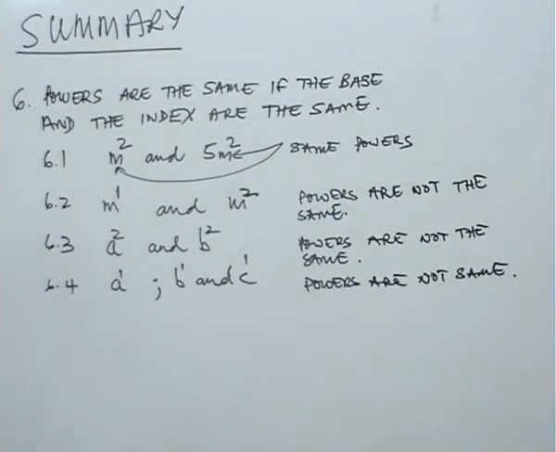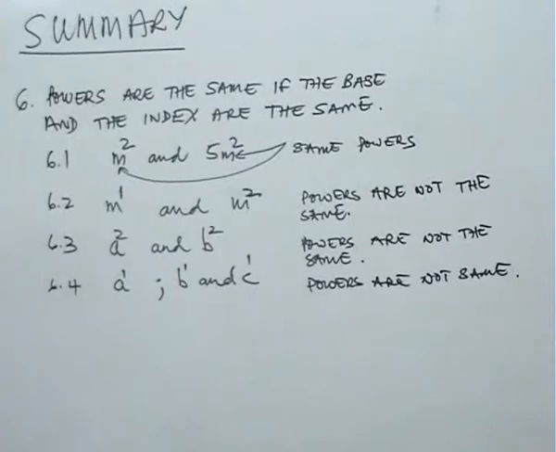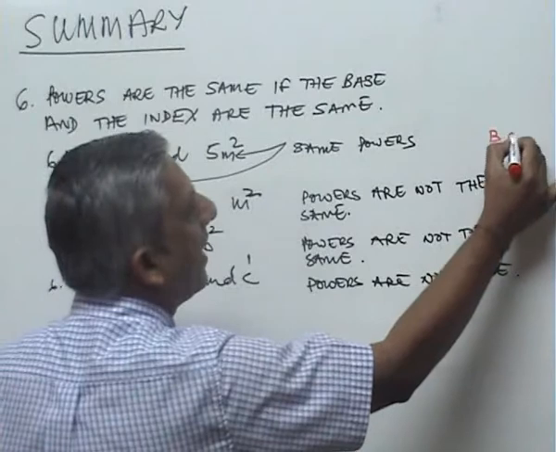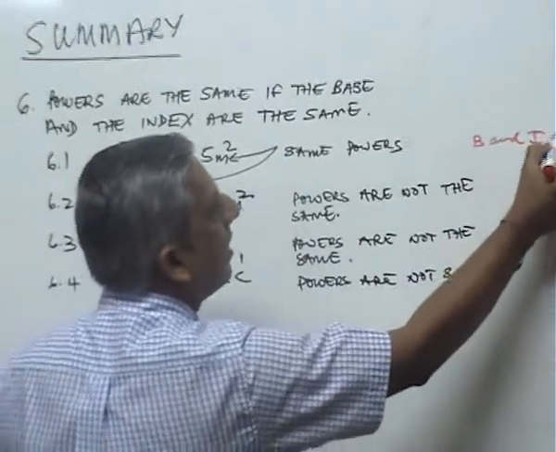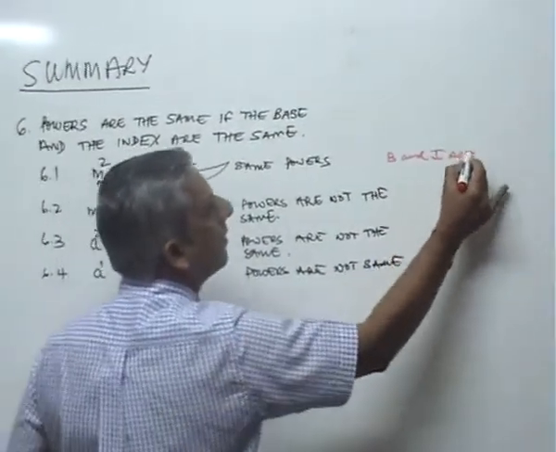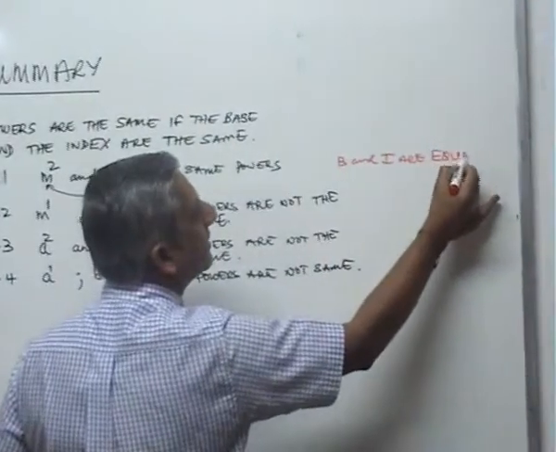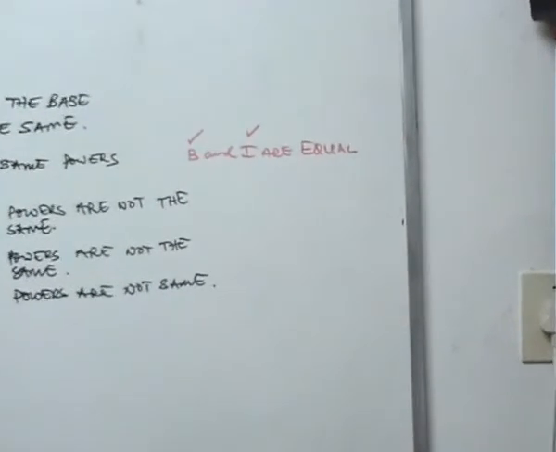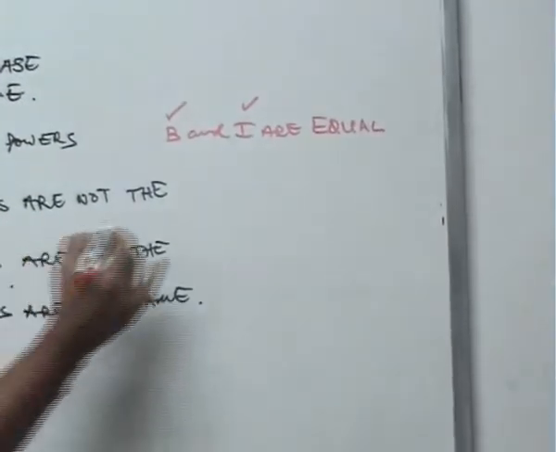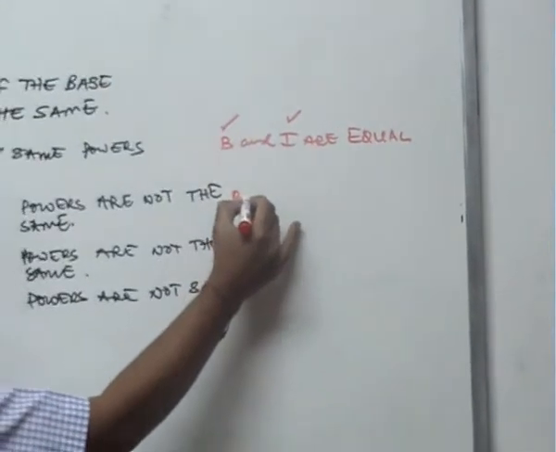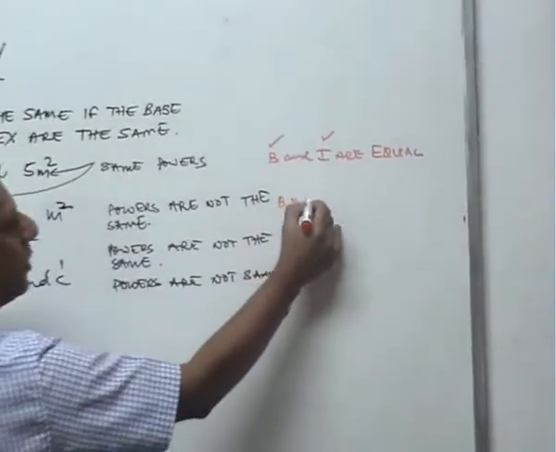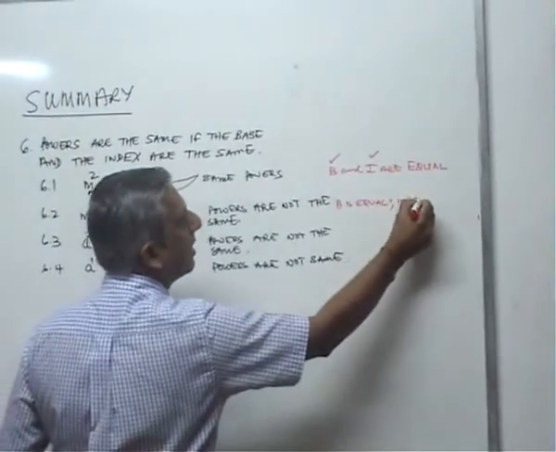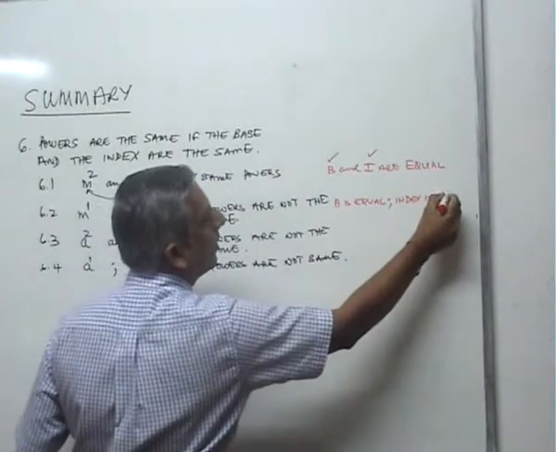So let's come back to these examples. So here the powers were the same because the base and index are equal. So you've got to check two things. The base must be equal and the index must be equal. Here the base is equal, but the index is not.